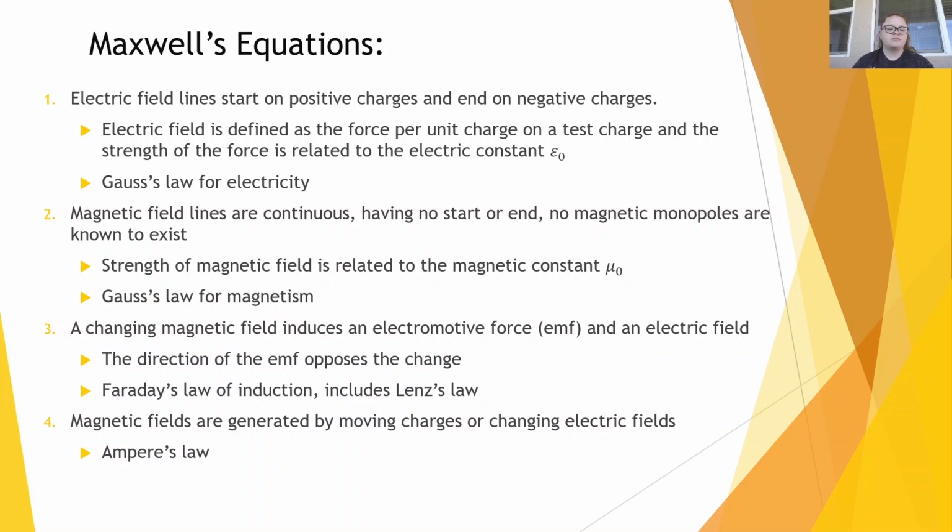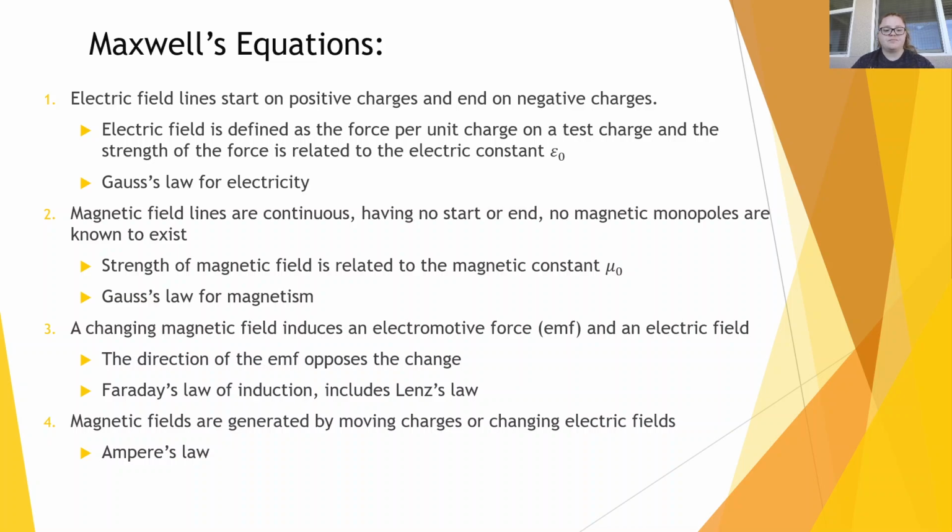The third involves Faraday's law of induction and also Lenz's law: a changing magnetic field induces an electromotive force, or EMF, and an electric field. Also, the direction of the EMF opposes the change in the magnetic field.